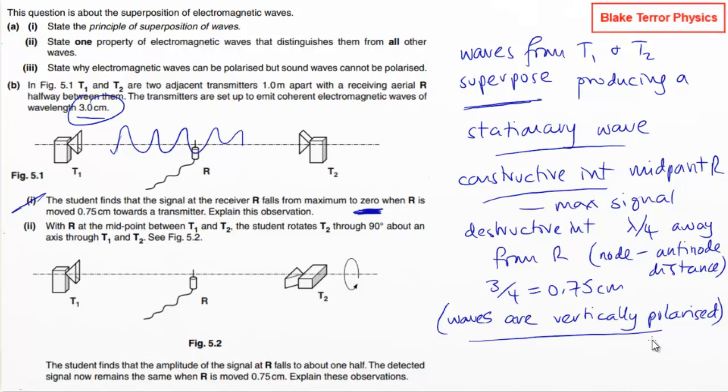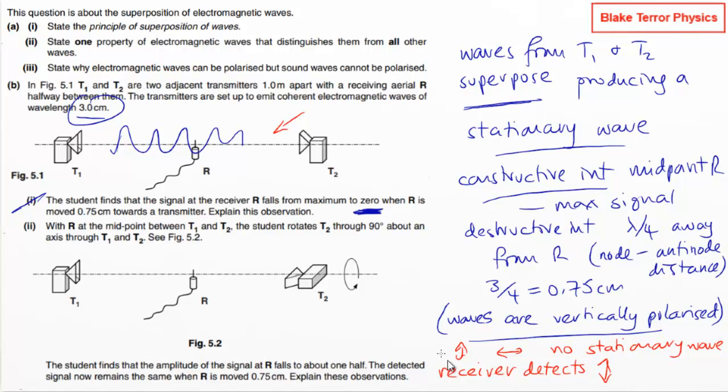But what we're going to be saying here is that by rotating, that's going to remove the standing wave, because now you're going to have one vertically polarized, one horizontally polarized. So we've now got no stationary wave anymore. That means that the receiver is detecting the vertically polarized signal, because that's what it was doing up here.